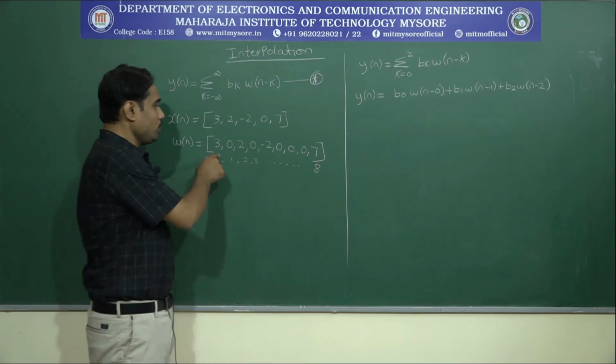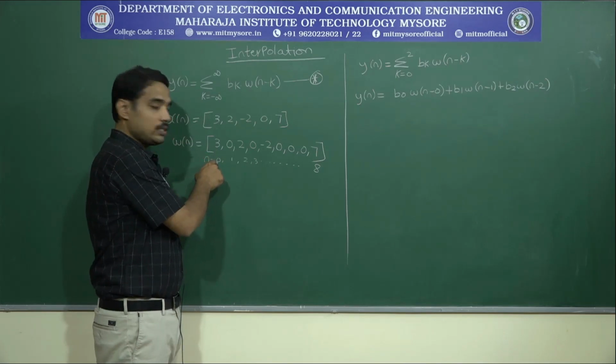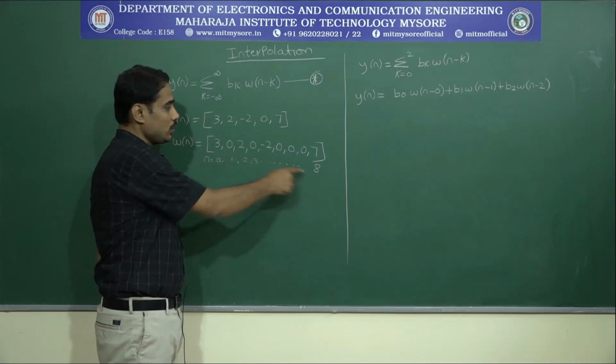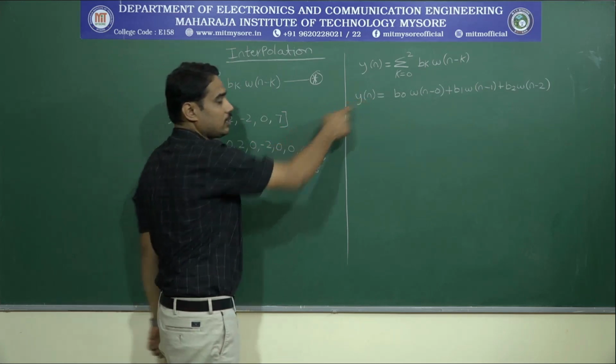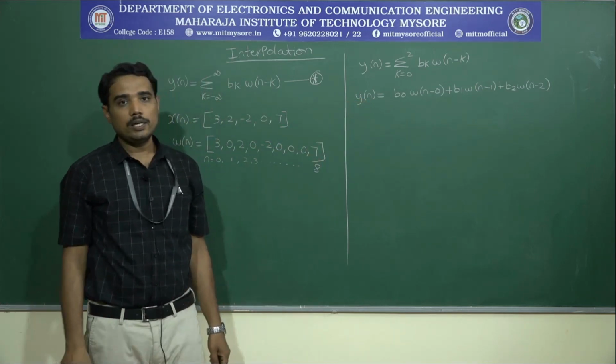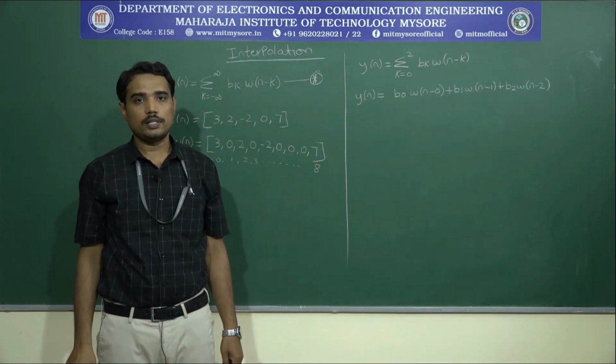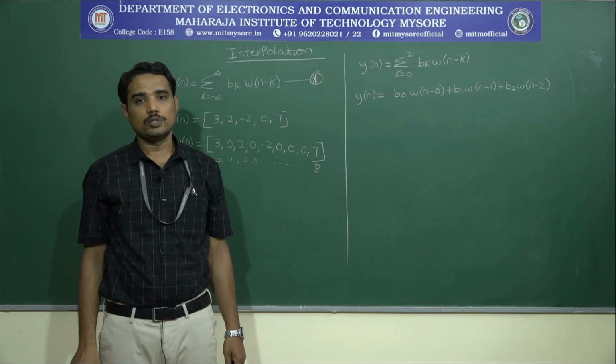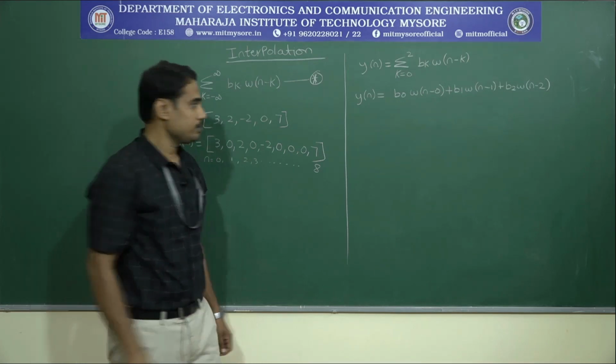Now we have to substitute the values of these samples from 0 to 8 in this equation to get the filtered output sequence, in order to get the interpolated output sequence y of n.